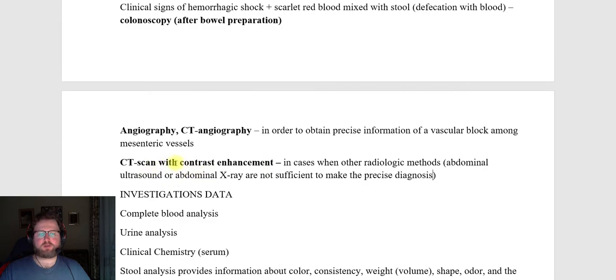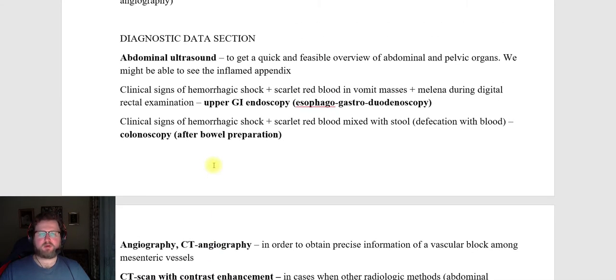So this is when you switch to CT scan with contrast enhancement.